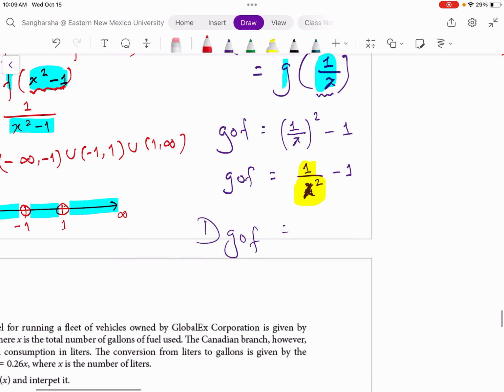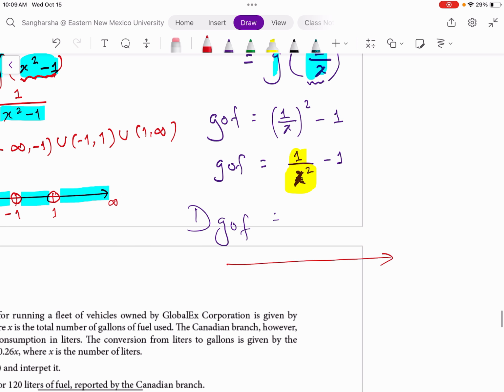So let's write that in interval notation. We draw a number line. From -infinity to +infinity, 0 is not in the domain, so let's exclude it. It means open circle. But every number on the left of 0 and every number on the right of 0 is in the domain for this function.